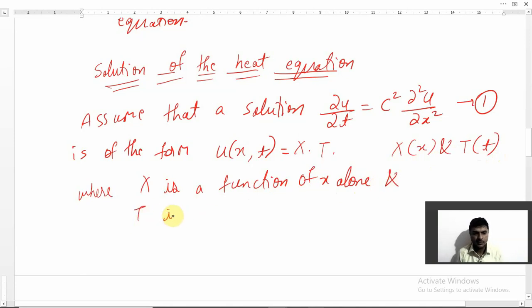But you have to remember that X is a function of x, and T is a function of t, temperature only. These are the variables you are going to select. Now I'm going to substitute this in equation 1, the X and T functions.